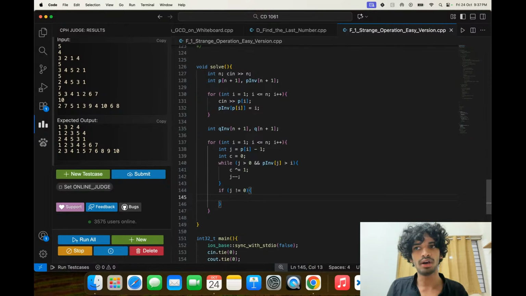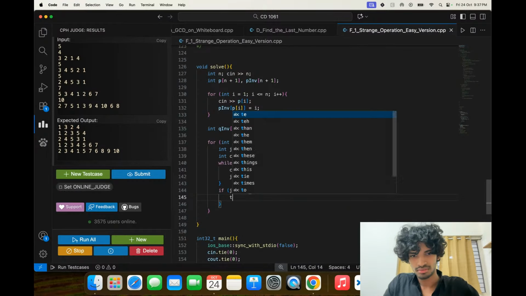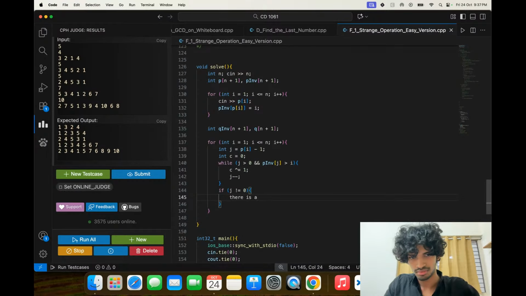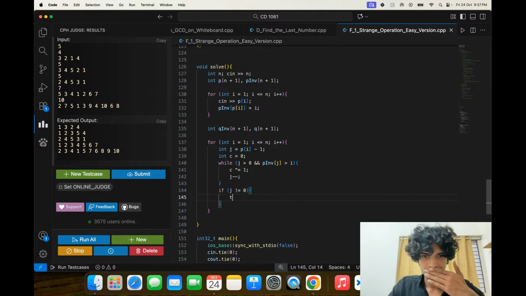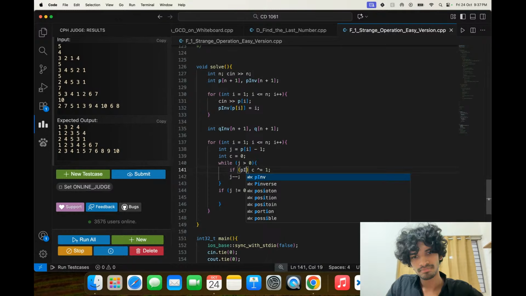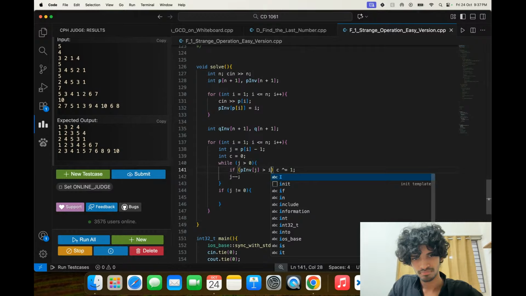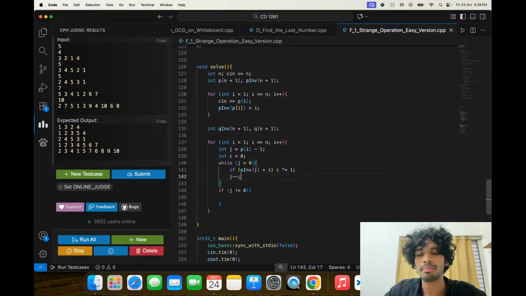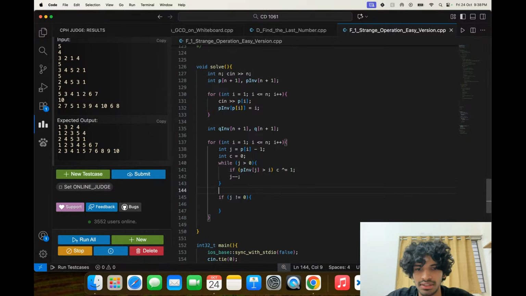I will go and see. These are the number of reds before that. Okay, that is done.